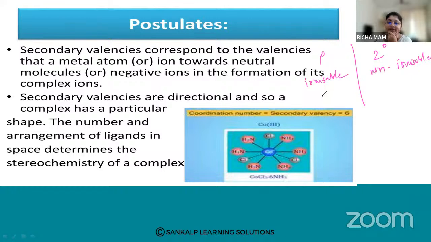Primary valency corresponds to oxidation state, secondary valency corresponds to coordination number. Third, primary valency is non-directional, and secondary valency is directional.